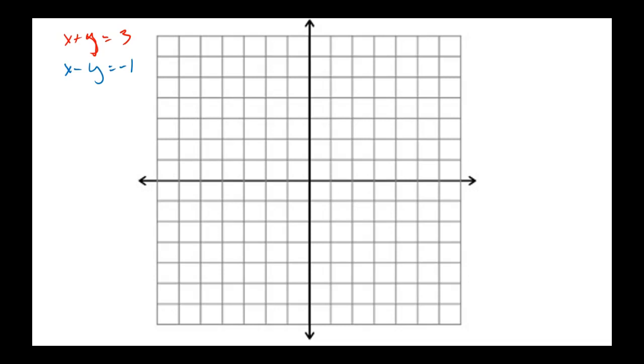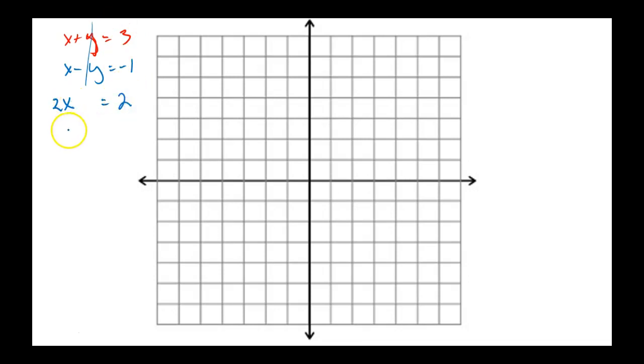Add the two equations together, and what does that give you? 2x. And by adding the two equations together, you lose the y's, don't you? One's positive and one's negative, they go away. And that's equal to? 3 minus 1 is? 2.